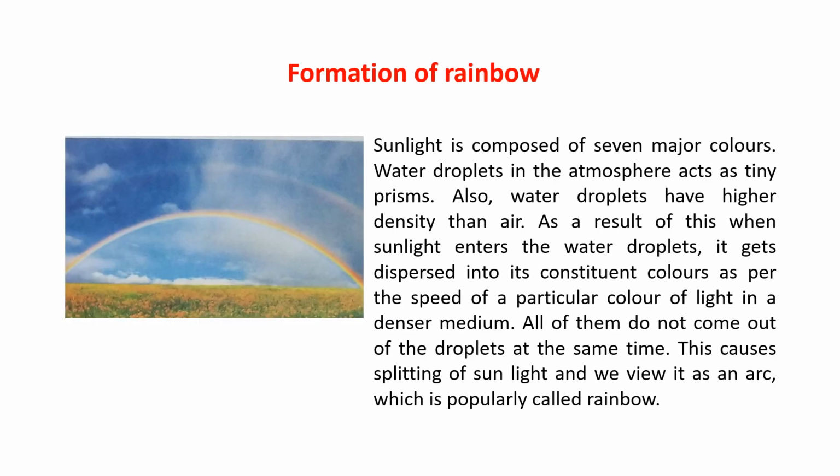Formation of rainbow. Sunlight is composed of 7 major colors. Water droplets in the atmosphere act as tiny prisms. Also, water droplets have higher density than air.